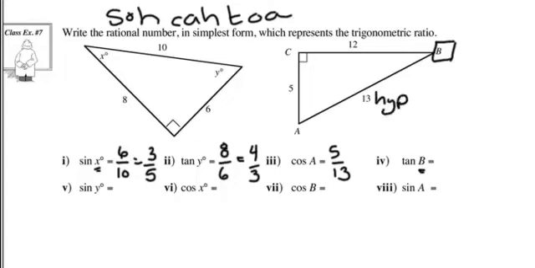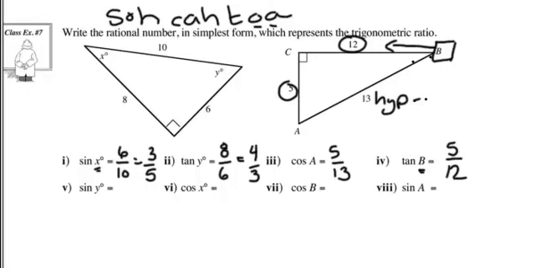That's the only side I could label in this triangle that will always stay the same no matter which angle I'm looking at. But the opposite side is going to be 5. And for tan, I need opposite over adjacent. So the side touching it is 12. That's the adjacent side.